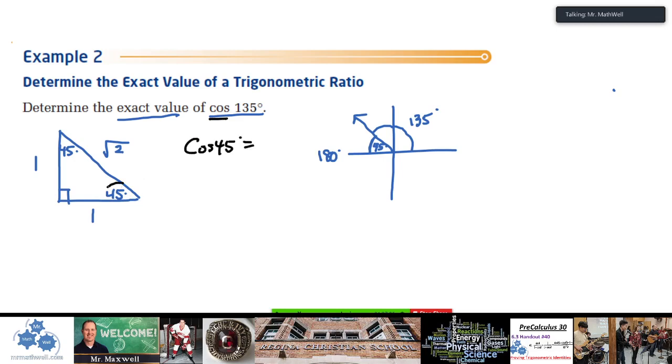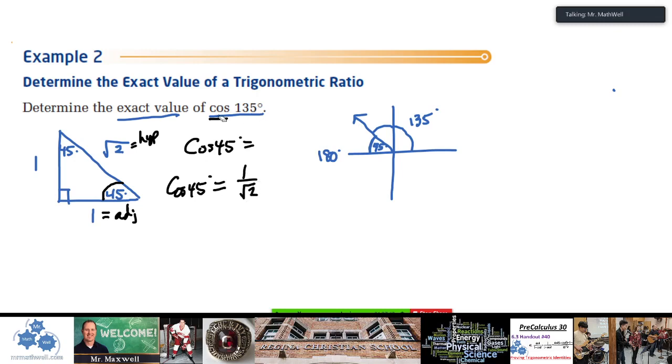Here's 45, and cos is CAH, so adjacent divided by hypotenuse. Here's adjacent, and here's hypotenuse. So the cos of 45 is adjacent over hypotenuse, 1 over square root of 2. Now this is an exact value. Your calculator will give you a decimal.